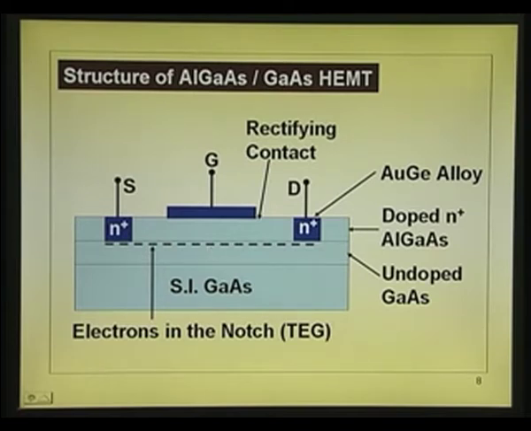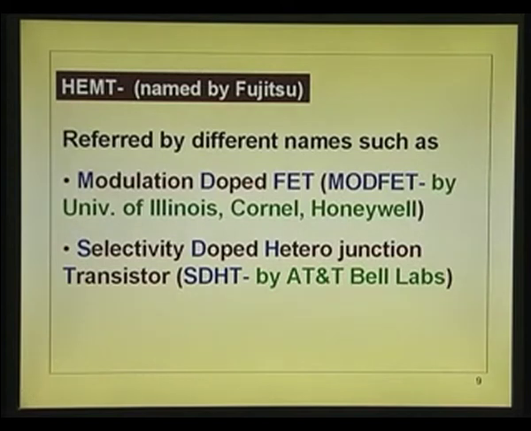Now, I would like to project some of the names which have been given to this device, because you can get confused with the names. HEMT, high electron mobility transistor, was named by Fujitsu, but this is referred to by different names by different organizations, all meaning the same thing.